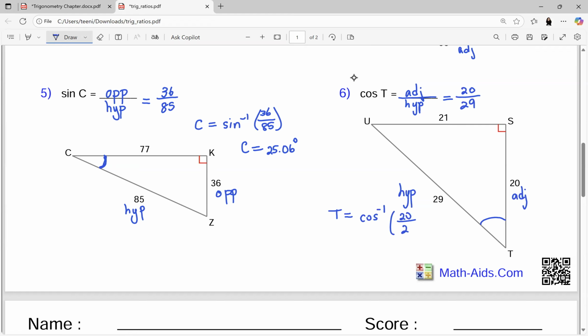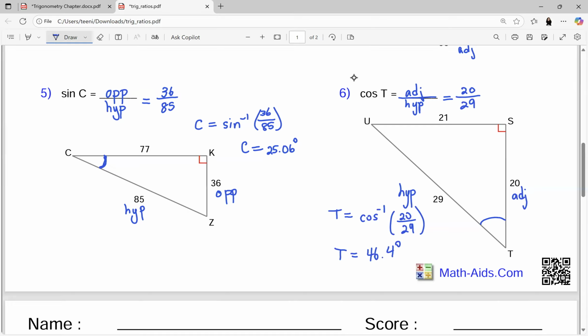Let me check it. I didn't check it as yet. Sorry, I was just writing it. Okay, so cos inverse of 20 over 29. 46.4 is correct. Excellent. 46.4 degrees. Good.